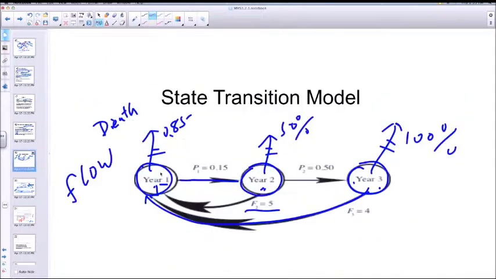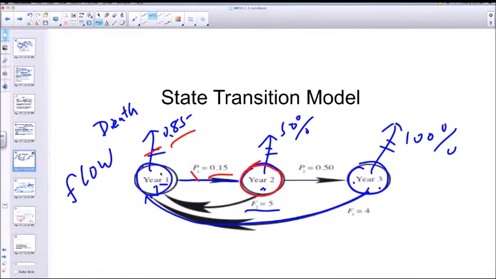Go back to here. What does -1 mean? See, these are the -1. You add all together, it's 100%. After 1 year, all the first year no longer exist: either survived but changed into the second year, or died. Same thing about the second year.